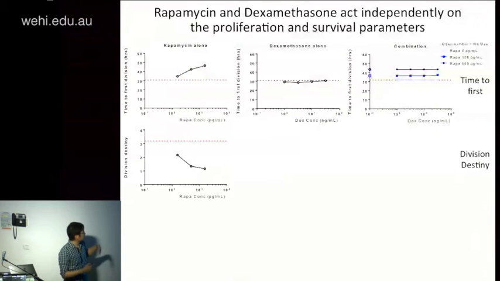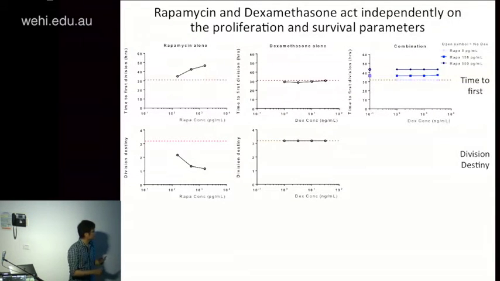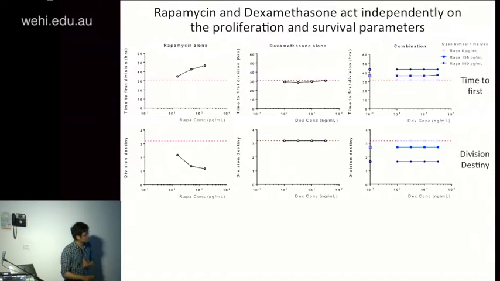If you were to examine the effects of the drugs on the number of times cells divide, you can see that rapamycin decreases the number of times cells divide, and dexamethasone has no effect. In combination, with increasing doses of rapamycin, dexamethasone doesn't change that.